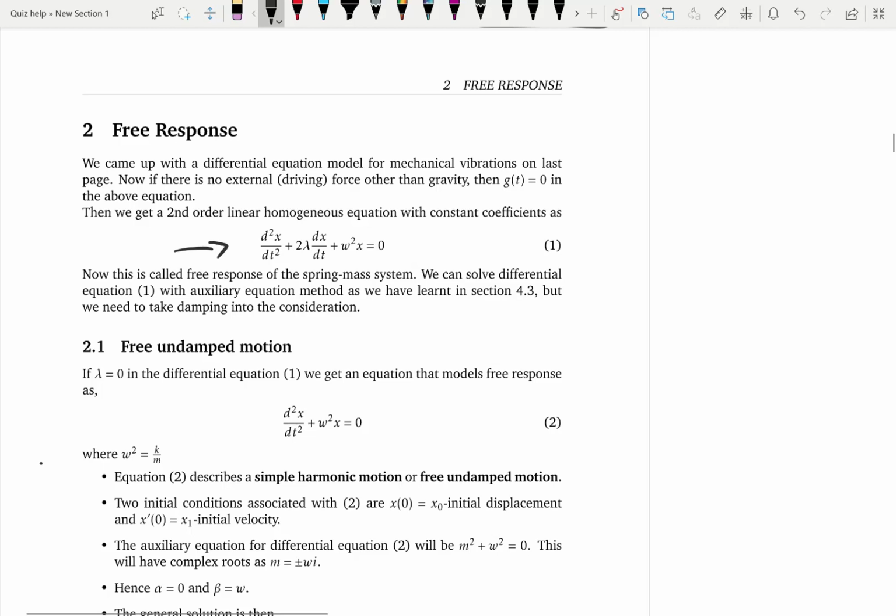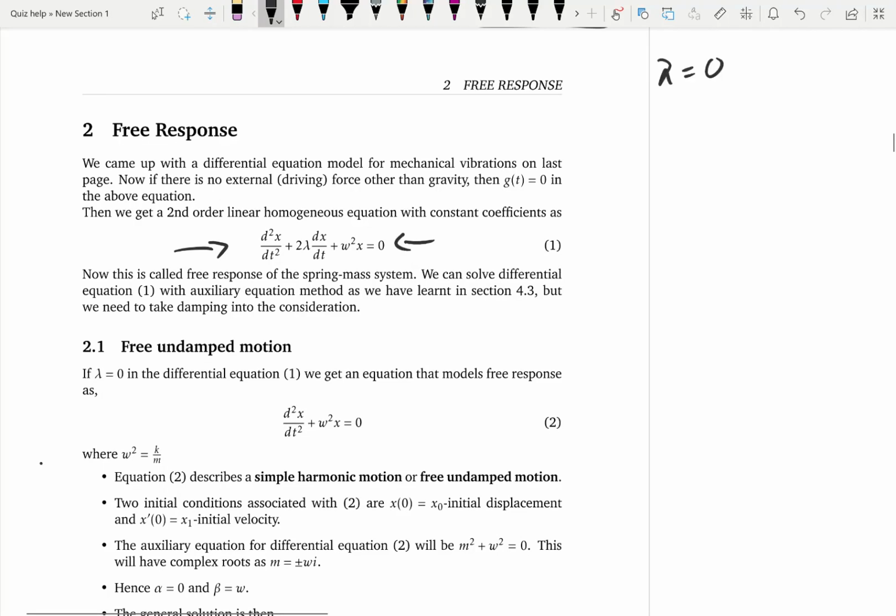Now we go on further and say, let's assume there's no damping in the system. There are no frictional forces. It's sort of unrealistic, but let's assume. So what is the part of the equation that takes damping into account? Well, lambda is, right?